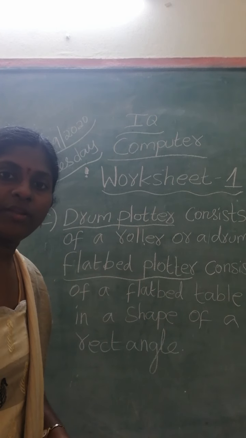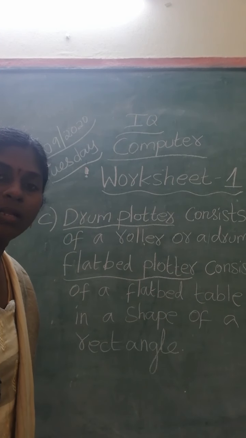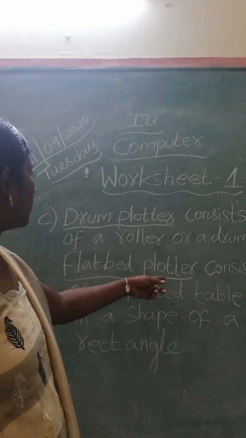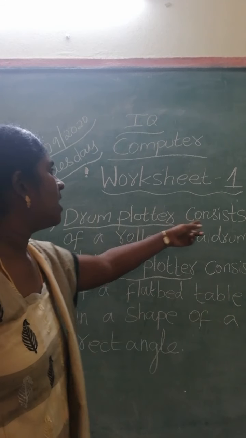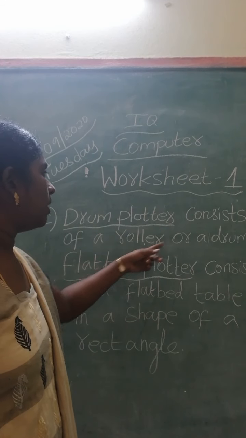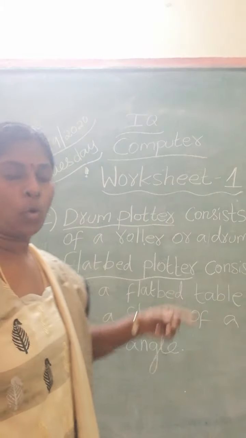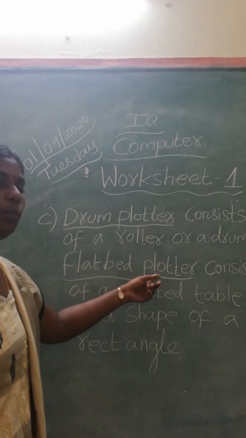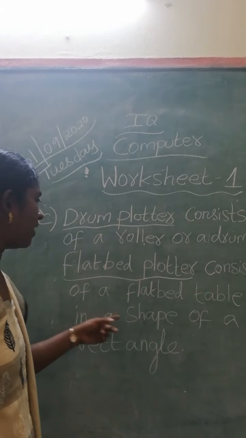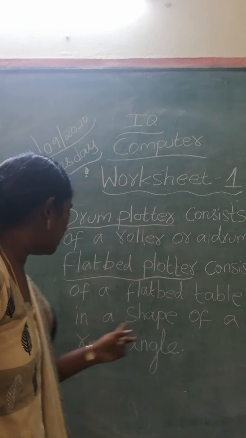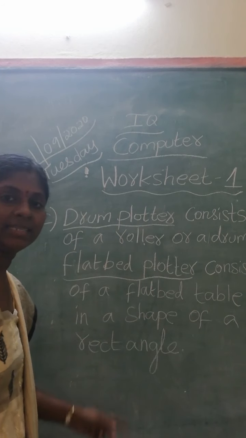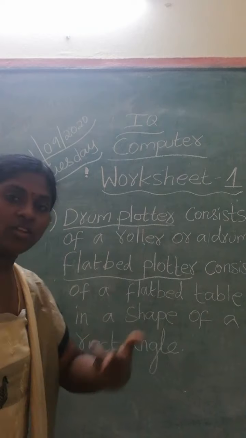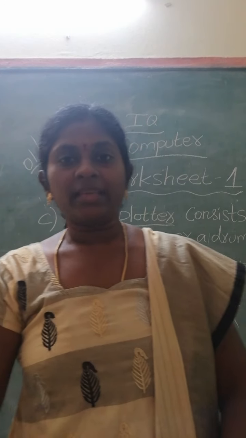The drum plotter consists of a roller or a drum. The flatbed plotter consists of a flatbed table in the shape of a rectangle. You have to write this in your worksheet book in the C bit.